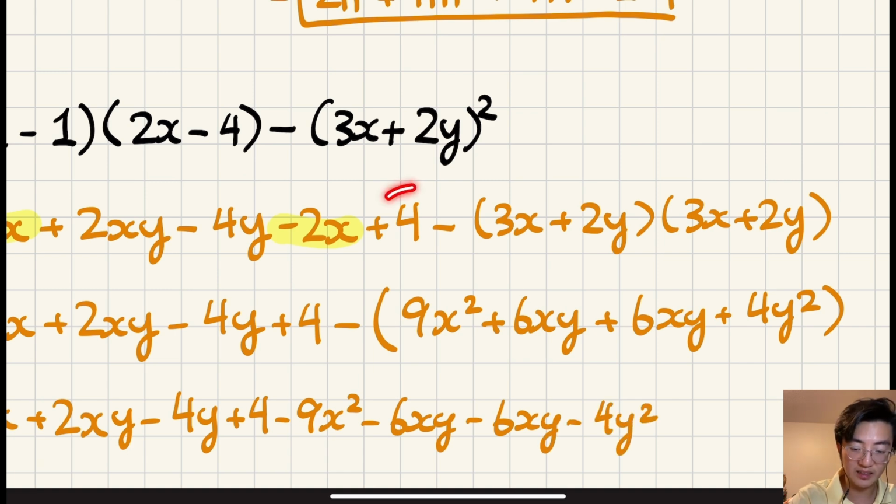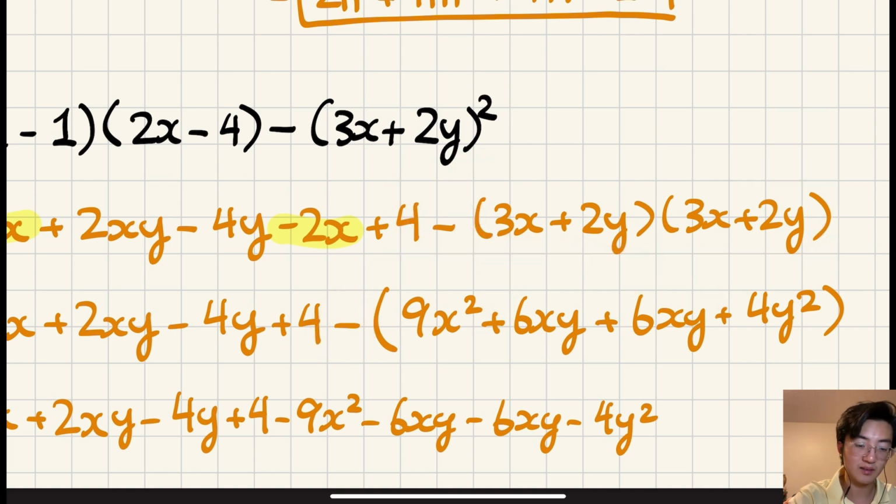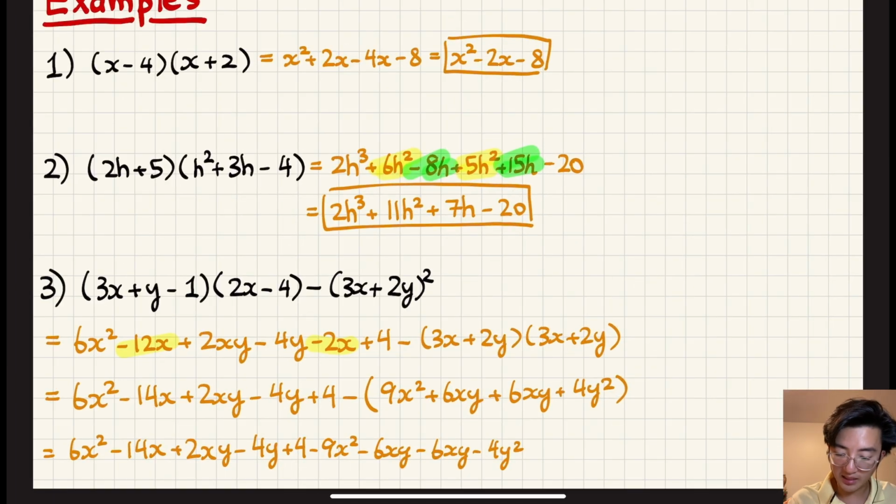Because again, this negative sign applies to everything in here, which means that this negative sign applies to all those addition signs. Okay, now for the very last step, we combine all the like terms together. So we have x squared, which is 6 minus 9, negative 3x squared. Next, we see x, 14x remains the same actually.